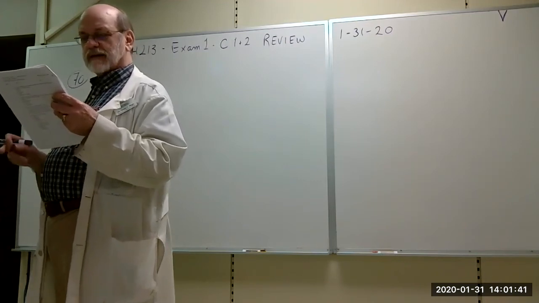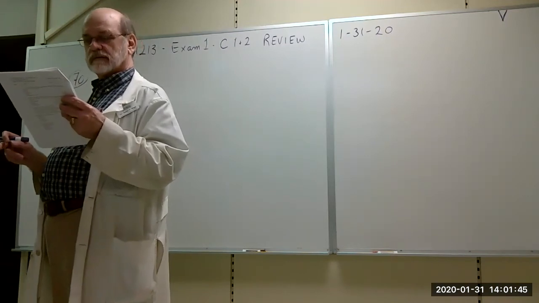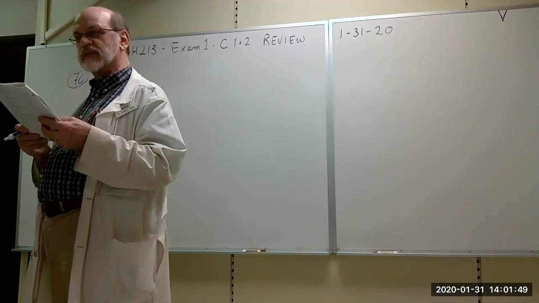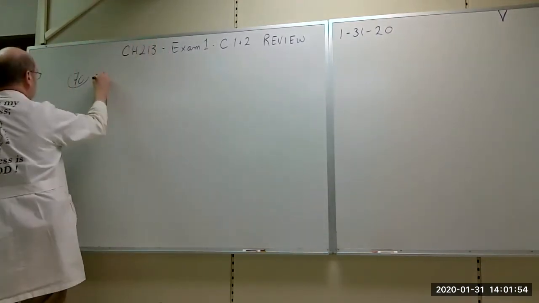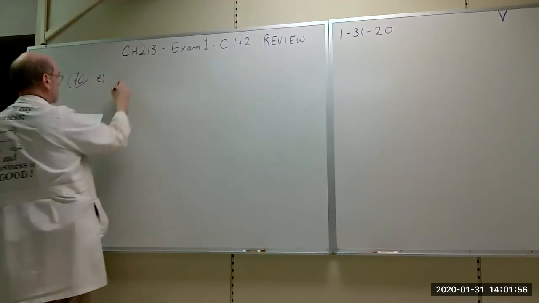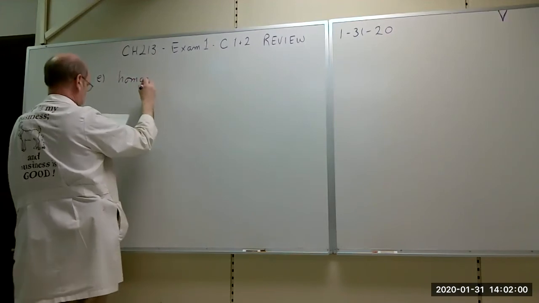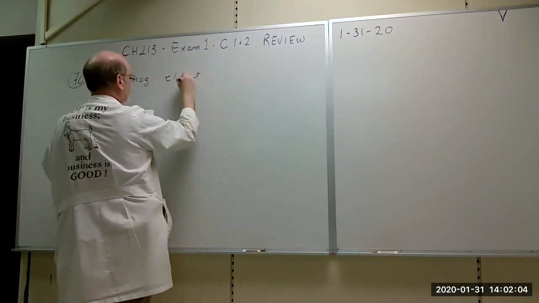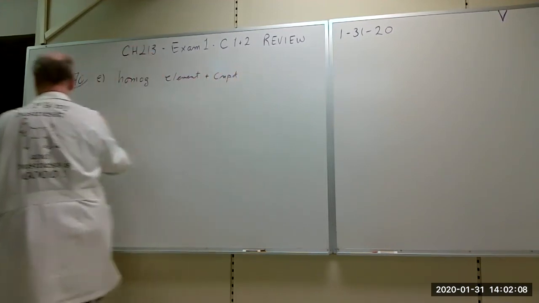And A is elements only, right? So it looks like E is the only possible answer for 70. And that means it's homogeneous. Element and compound. Okay, 71.